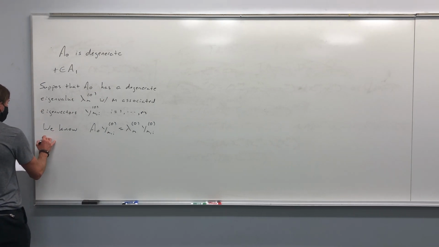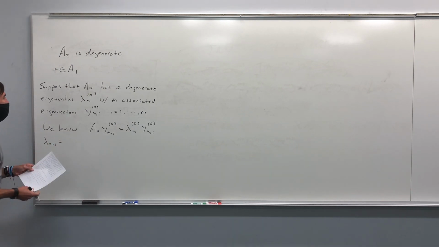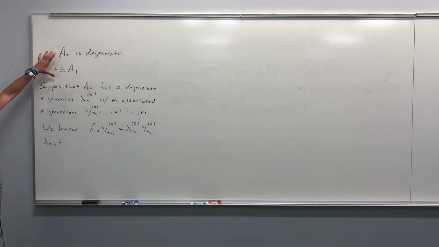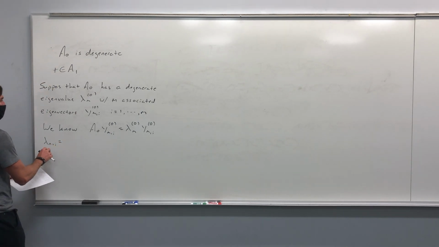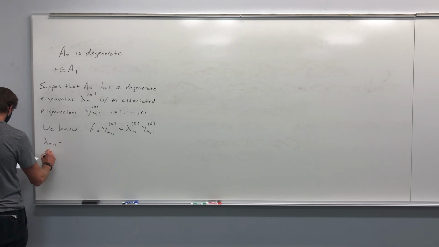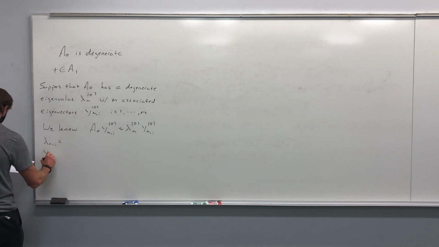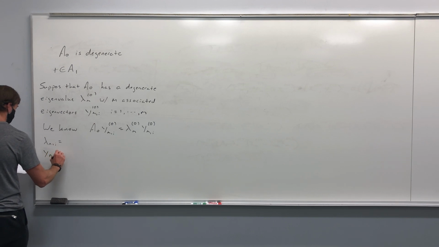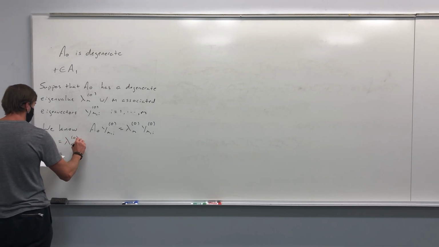And now what we can say is that if we're going to perturb the matrix by some epsilon times A1, then we might expect that the corrected version of the eigenvalues and the eigenvectors can be represented in terms of an expansion.